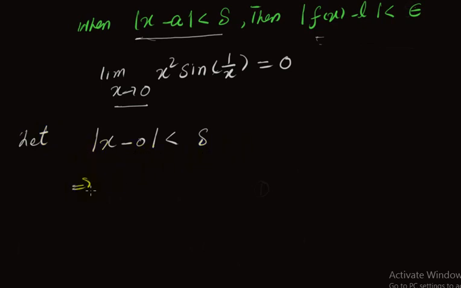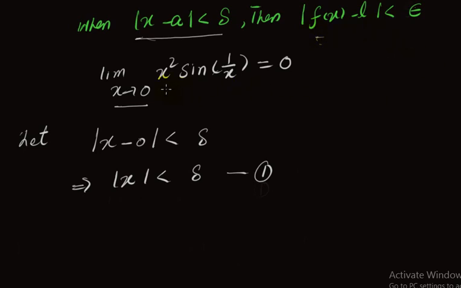From here we can write mod x is less than delta. This is our equation number 1. Now we try to establish a relation between delta and epsilon. For epsilon values, we solve this modulus value, that is the whole mod value of f of x minus L.